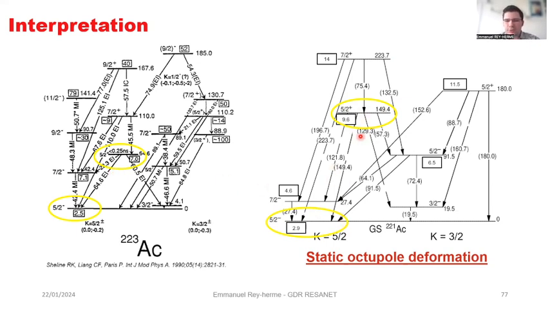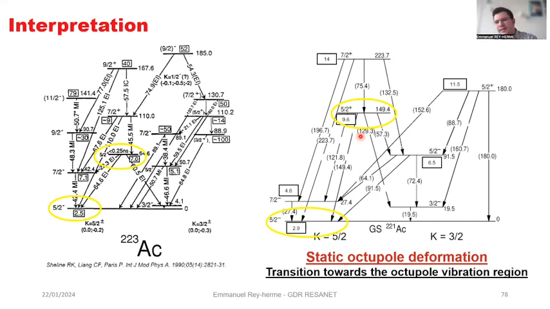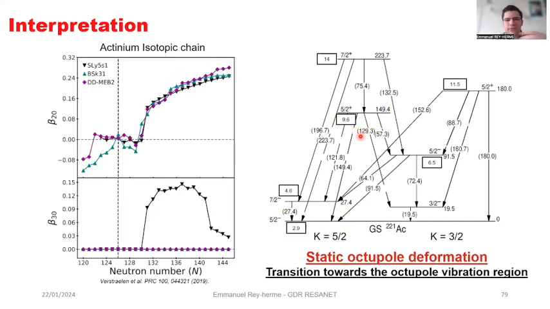But for actinium-221, we have 150 keV, which is larger than what is typically accepted for static octupole deformation, but lower than what is typically expected for octupole vibration. And we take that as a hint for a transition towards the octupole vibration region for more neutron-deficient actinium isotopes, especially since this is very consistent with results published in 2019 with a comparison between experimental laser spectroscopy measurements and theoretical computations.